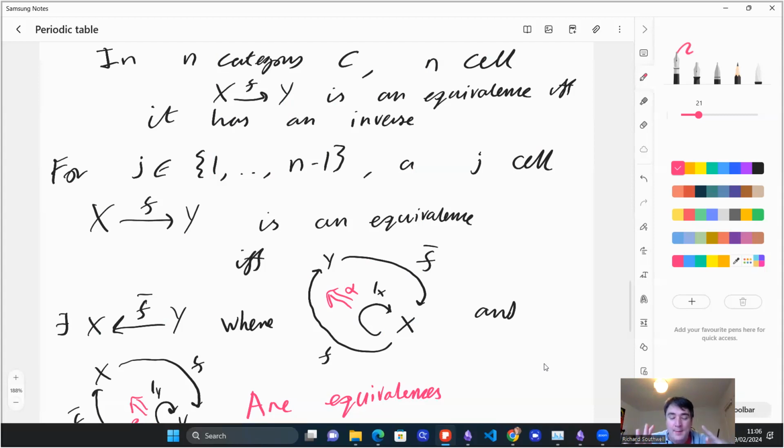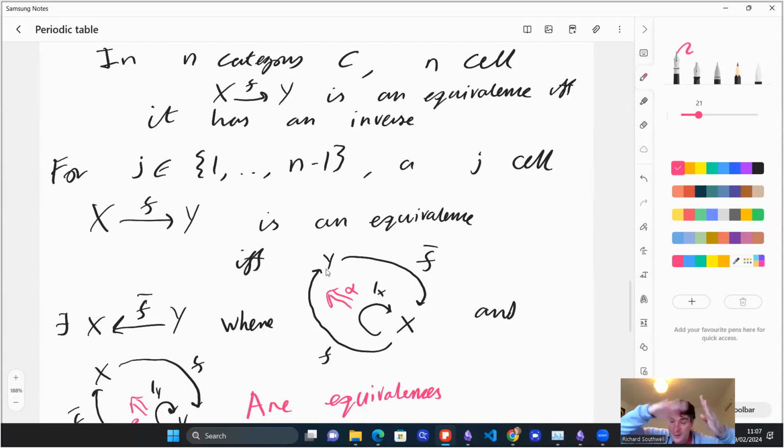What do I mean? I mean that if we compose f with f bar, the result might not necessarily be the identity of X, but there is going to be a higher dimensional cell which goes between the identity and f bar f.